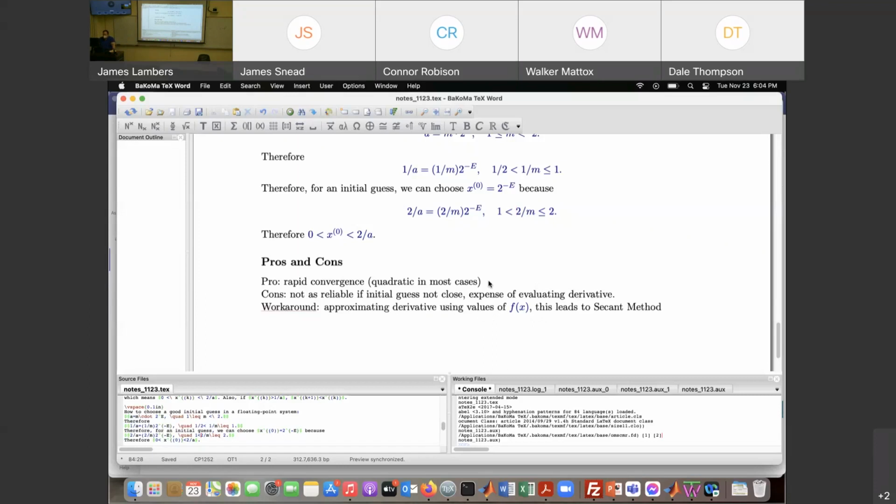Or equivalently, don't use a tangent line approximation. Use a secant line approximation, because as the iterates are converging to the root, the secant line is going to converge to a tangent line anyway. And that leads to the secant method. That's what I'll talk about next Tuesday. What we'll see is that you do give up some convergence speed. It may take a little bit more in terms of number of iterations, but each iteration is a lot cheaper. So in the end, efficiency-wise, it turns out to be an advantage.